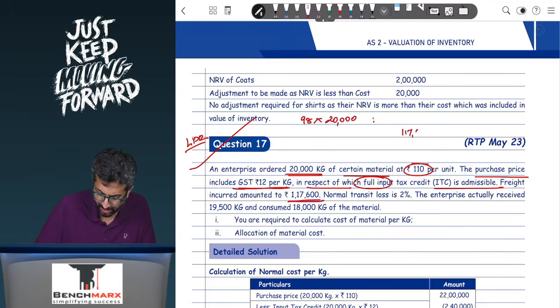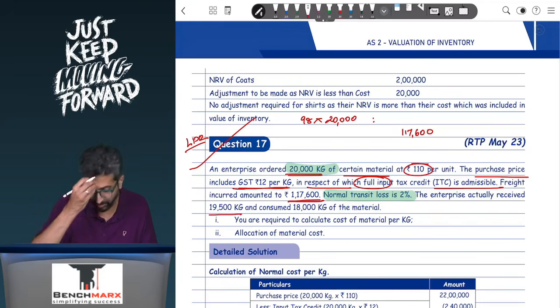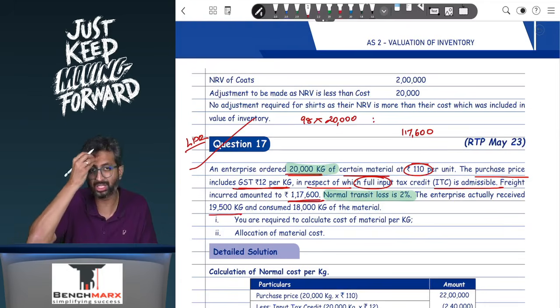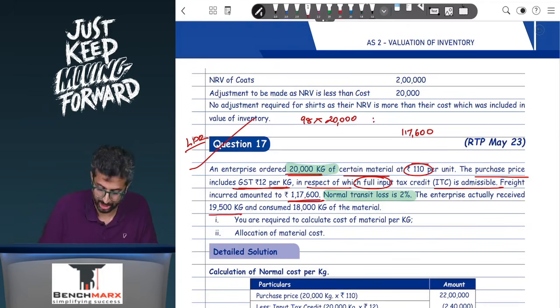I'll assume that the freight is freight inward and hence it will be directly attributable. Normal transit loss is 2%. So if you are ordering 20,000 kgs, you expect to receive only 2% less, so 20,000 minus 2% comes to 19,600. The enterprise actually received 19,500 kgs, that means they have received 100 kg less, that is abnormal loss. I expected 19,600, I received 19,500, that is abnormal loss, and consumed 18,000 kgs of material.